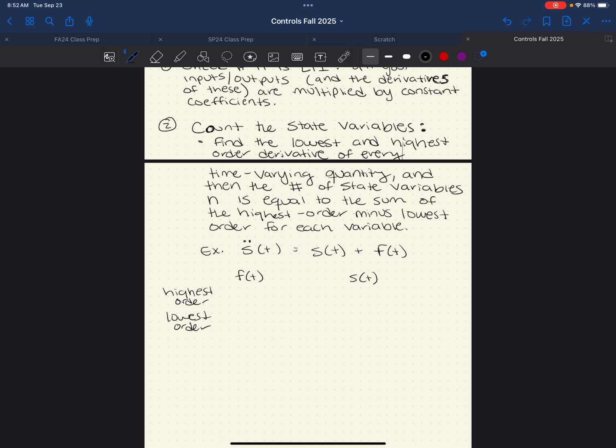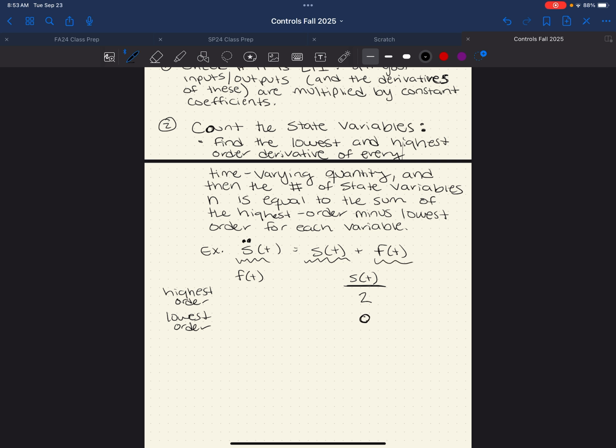The highest order of s of t is going to be the highest number of derivatives on s of t. So in this equation, the highest number of derivatives on s of t is the second derivative, so that is a second order. The lowest order on s of t is 0 derivatives. I just have a plain s of t, so my lowest order is 0.